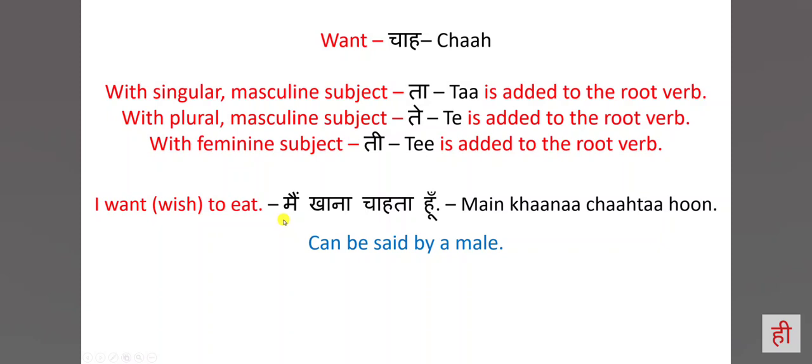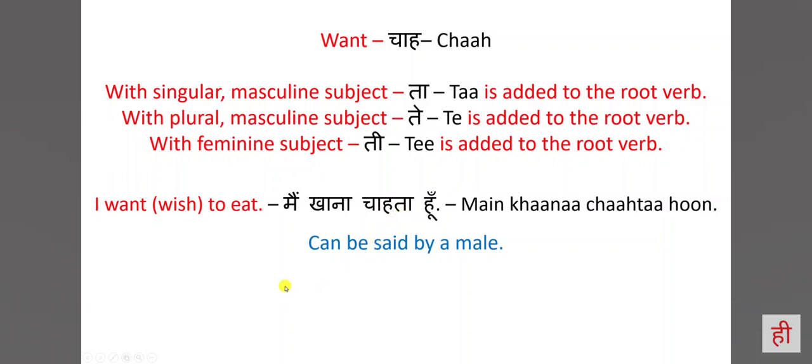Meaning, if I say मैं खाना चाहता हूँ, it is that I am wishing to eat. I want to eat, but it is my wish to eat. So all the sentences of this structure represent want and also wish.